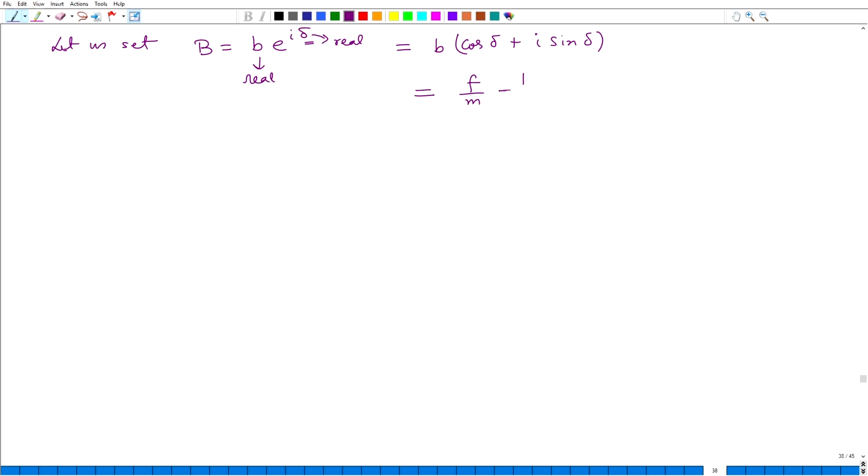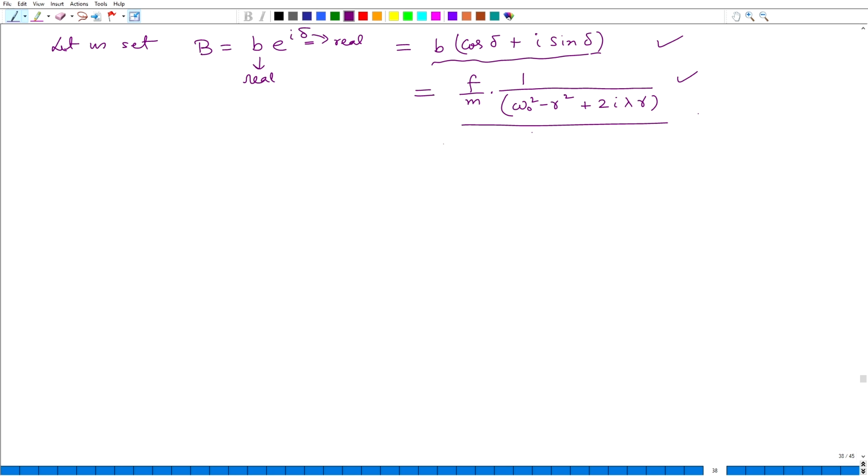I just write this one a little bit separately here. Now I have to actually express this whole thing as A plus iB type of thing, and then I will make this equality with this thing.